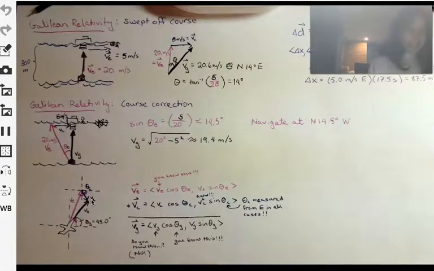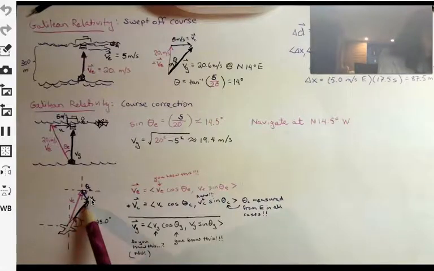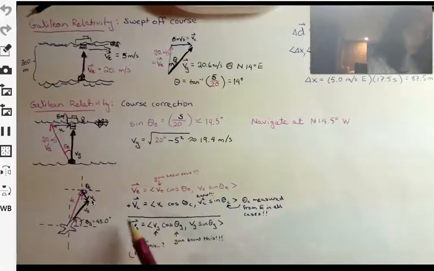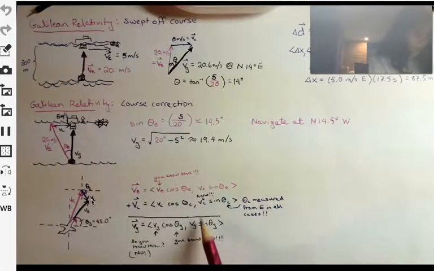If anything is a cardinal angle, for instance, if you want to fly north, then this component is going to be 0. You don't need to write VG cosine theta g. You can see ground speed is north. That is fully in the y. Go that way. That means this equals 0.